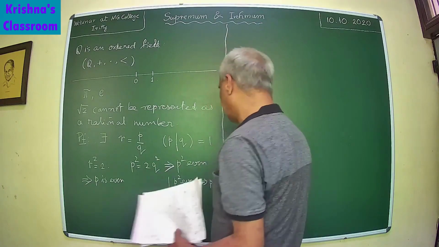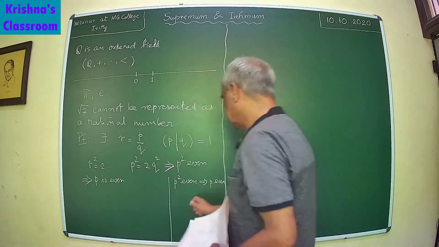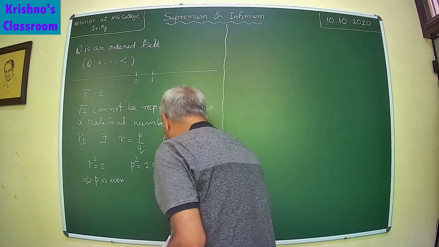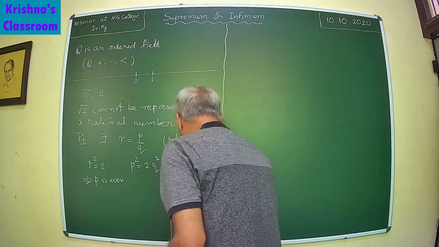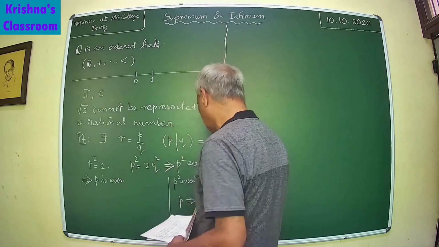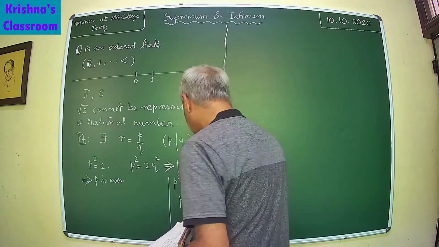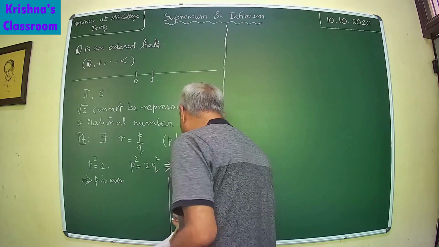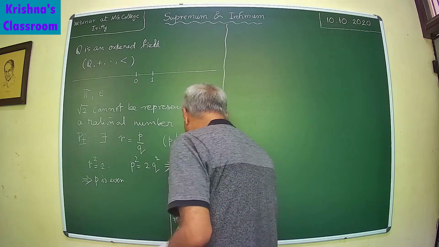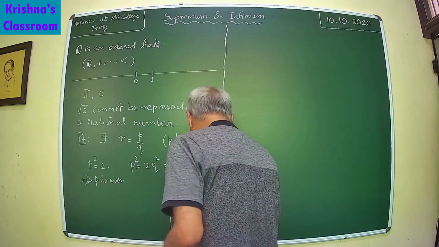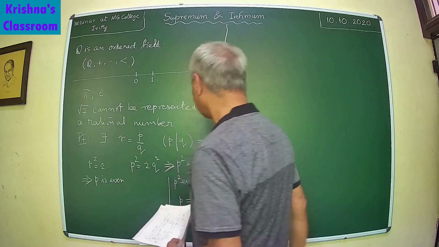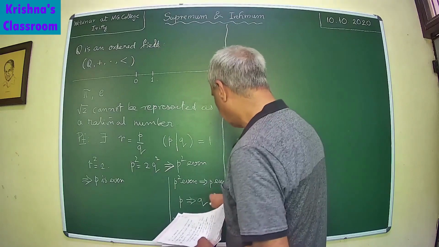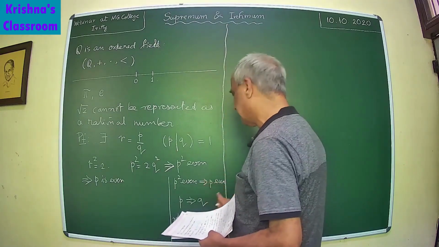To prove this, it is something like two statements. Suppose there is a statement P, there is a statement Q. Now if you want to prove P implies Q, it is equivalent to saying that not Q implies not P. P is even is the statement that you are talking about.